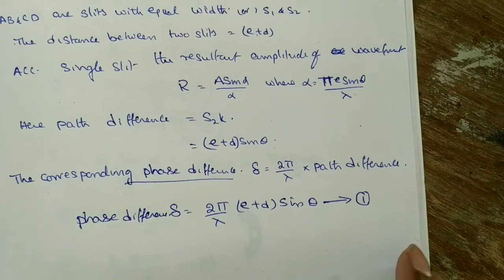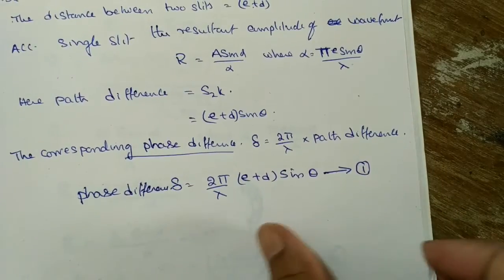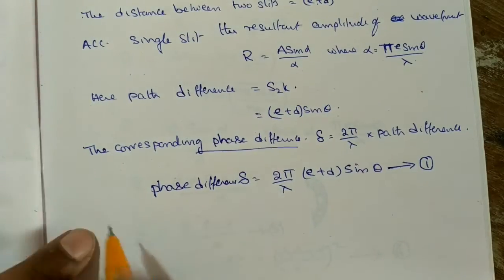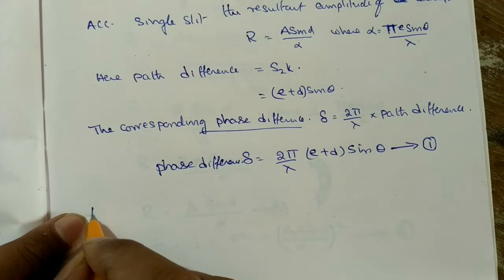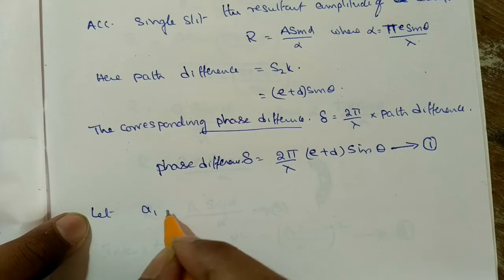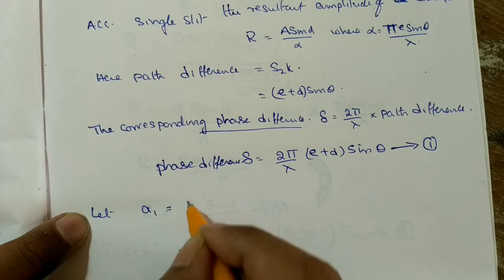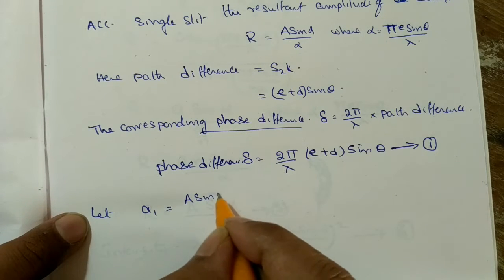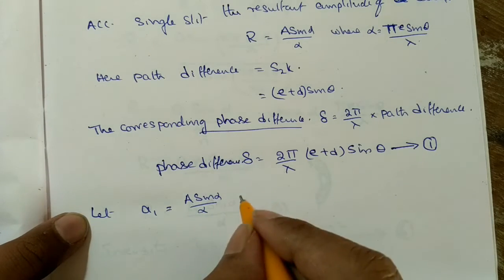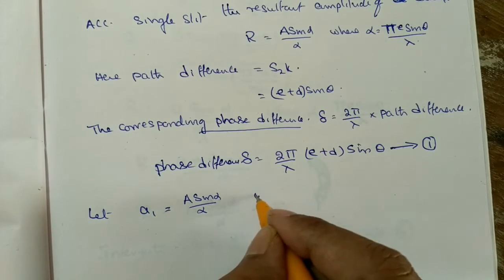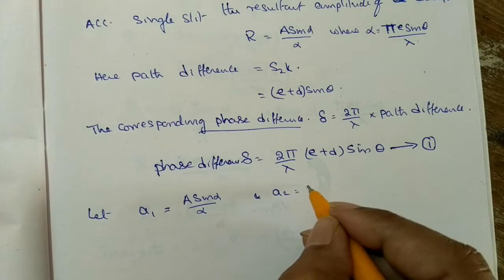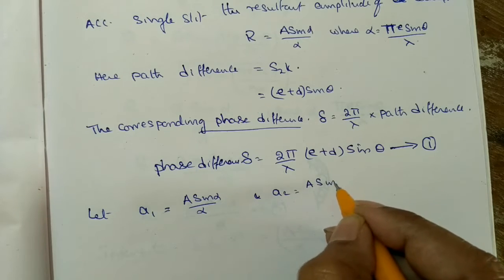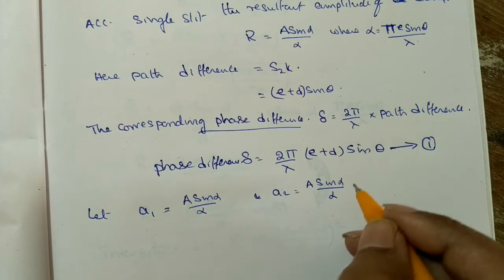Let us suppose a1 is equal to a sin alpha by alpha and a2 is equal to again a sin alpha by alpha.